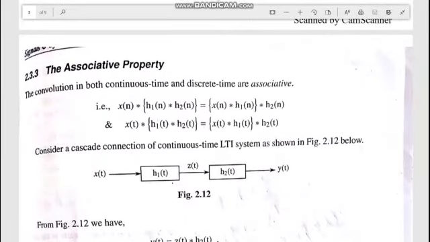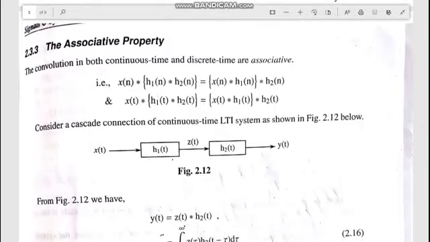This can be written as x of n convolved with h1 of n convolved with h2 of n. Similarly, for continuous time signals, x of t convolved with h1 of t and h2 of t is nothing but x of t convolved with h1 of t convolved with h2 of t.